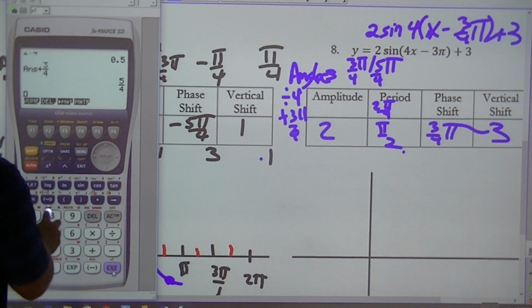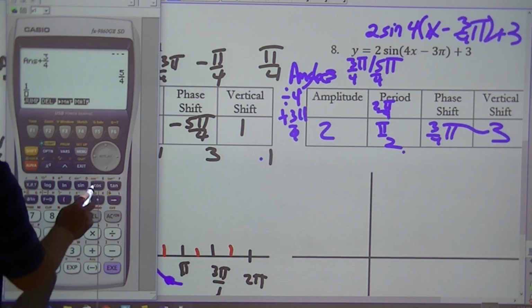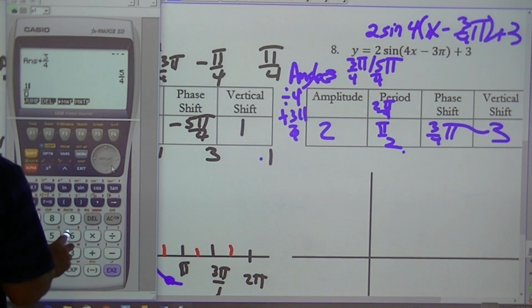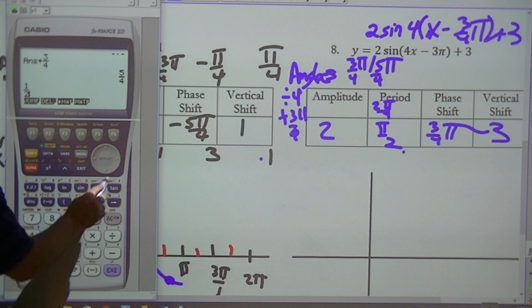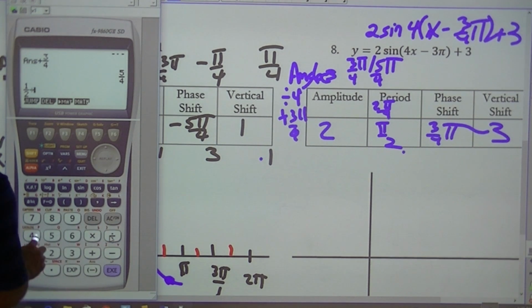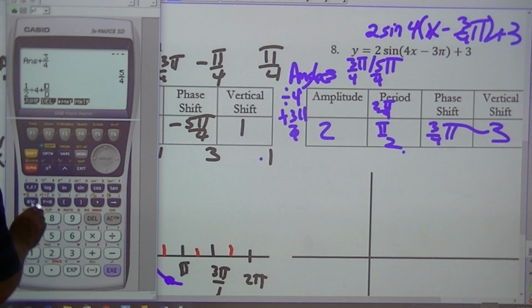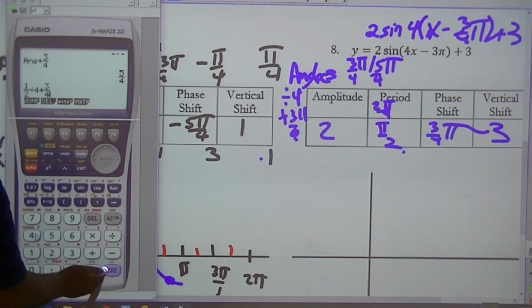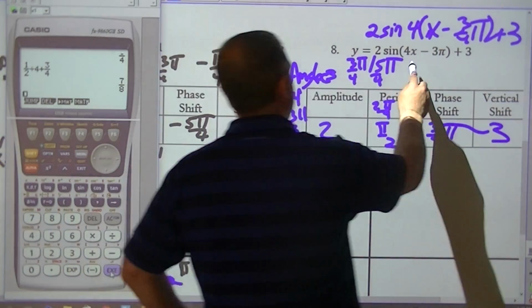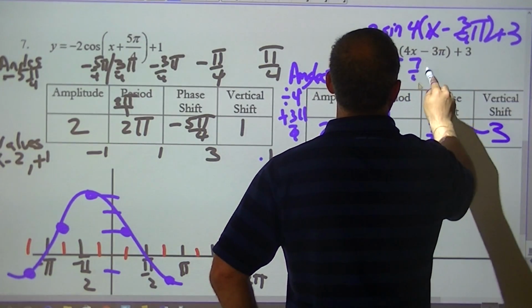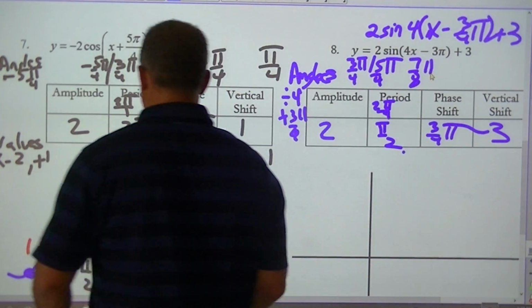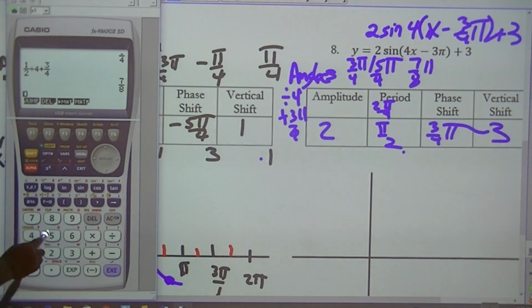Okay, sorry, where I was at, 1/2 divided by 4, plus 3/4. That's going to be 7/8 pi. Then I'm going to go 1 divided by 4 plus 3/4.